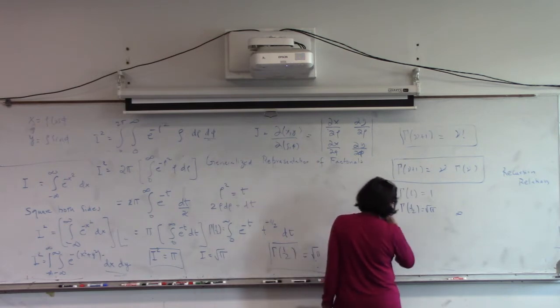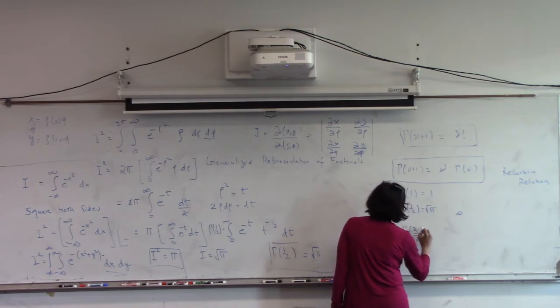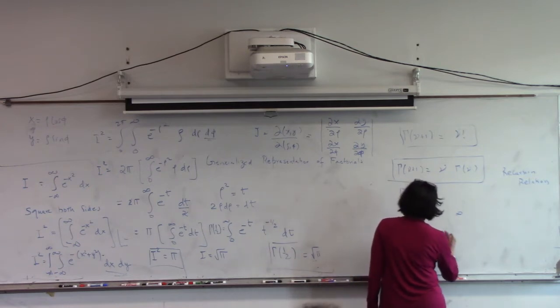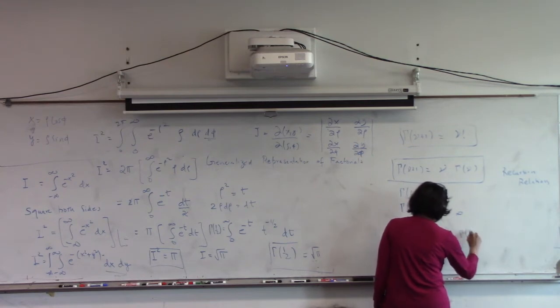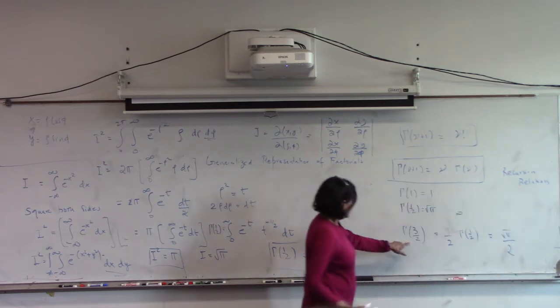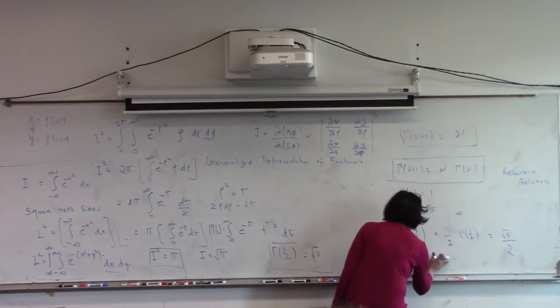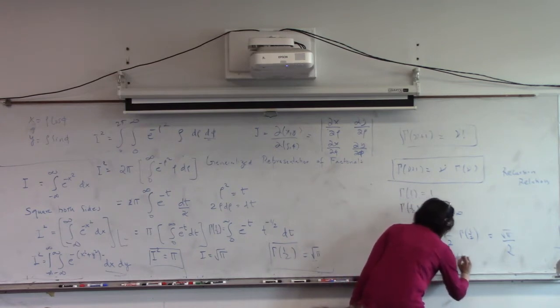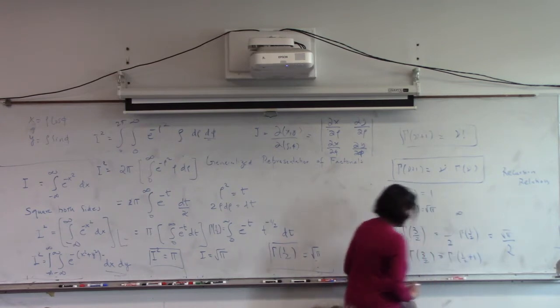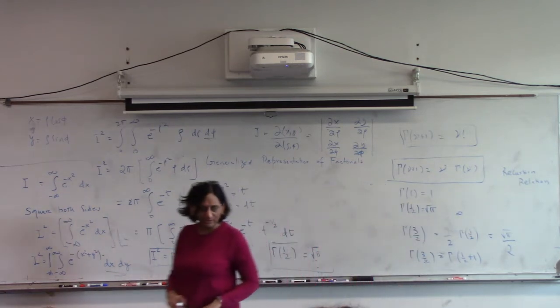All right. So gamma of 3 halves is nothing but half gamma of half, which is nothing but square root of pi over 2. But gamma of 3 halves is nothing but gamma of half plus 1. So what is the factorial that we're trying to calculate?